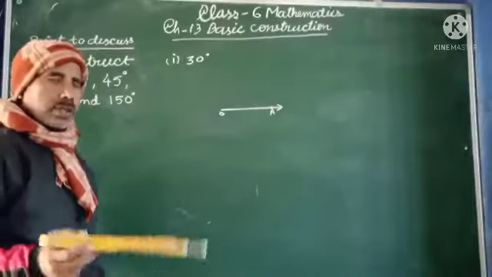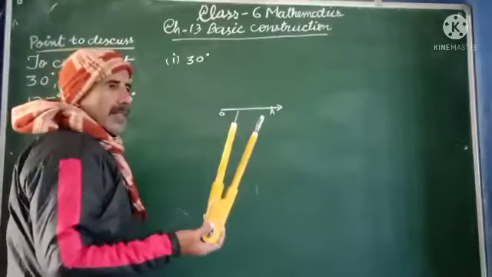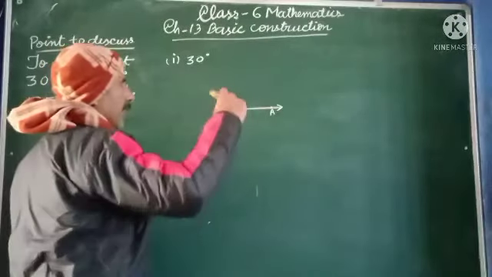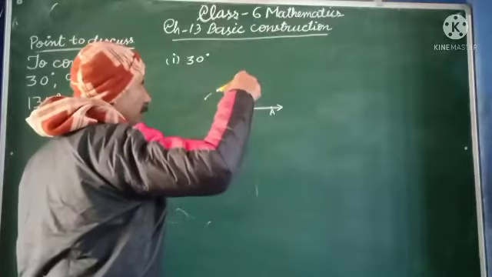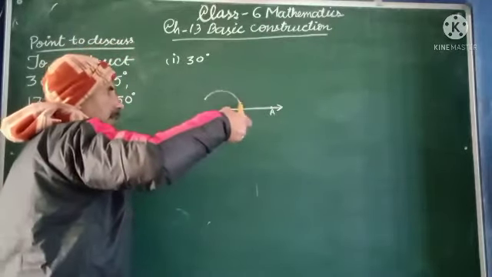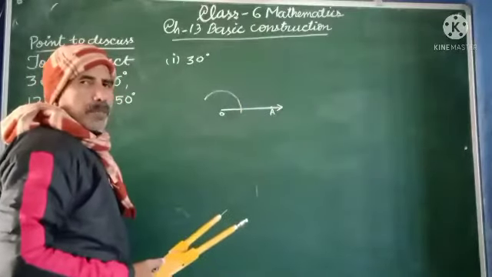Take any radius in your compass, it doesn't matter what you take. Then take O as the center and draw an arc such that this arc intersects the ray at a point.